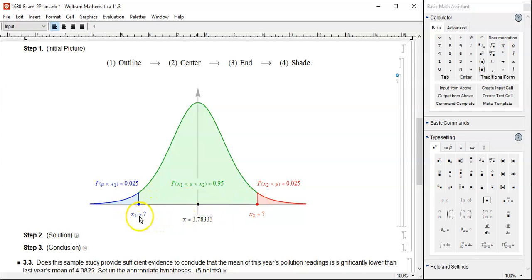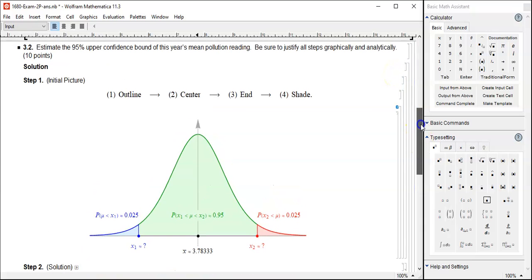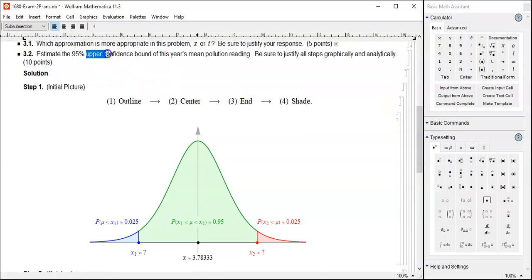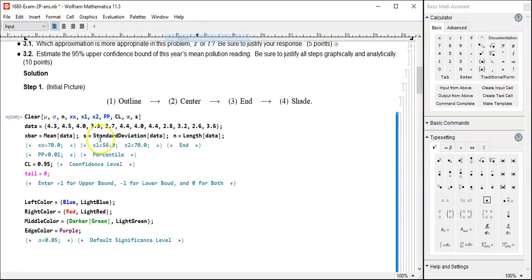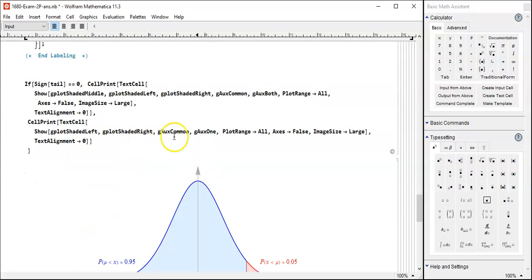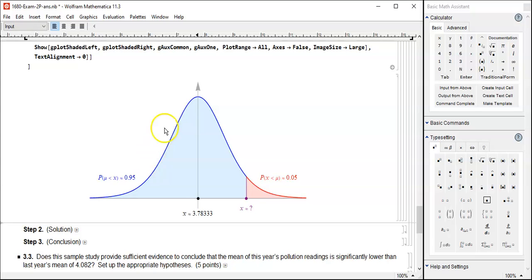And this is a lower bound of the confidence interval, and this is the upper bound of the confidence interval. 95% in the middle, 2.5% here, 2.5% there. That's 95% confidence interval. Now the 95% upper confidence bound looks like this. No lower end, 95% all the way, and 5% here.